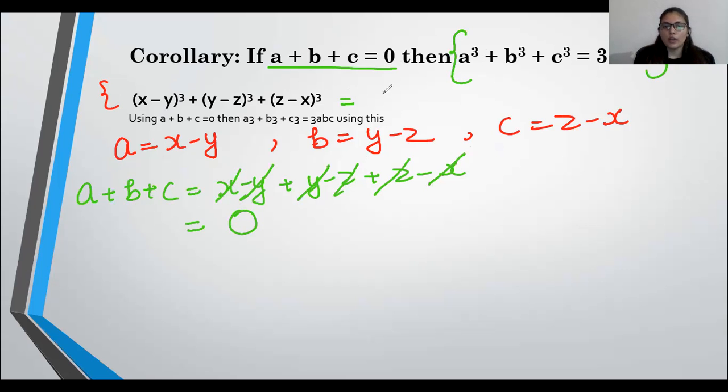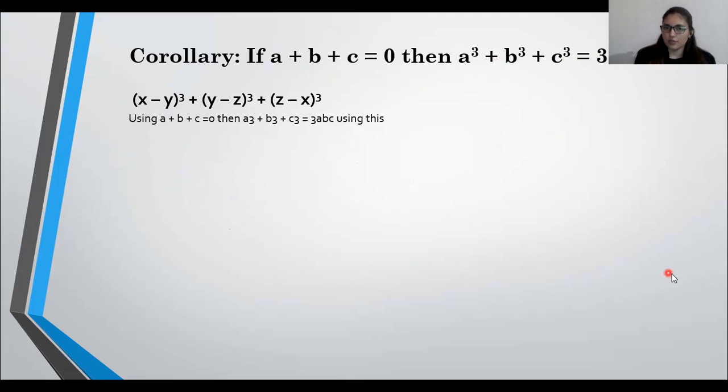This is equal to 3 times A times B times C, and you are done. See how easily you have factorized it. So if A plus B plus C is 0, then you can directly make use of this result. Simple, right? Okay then, let's move ahead to the next question.